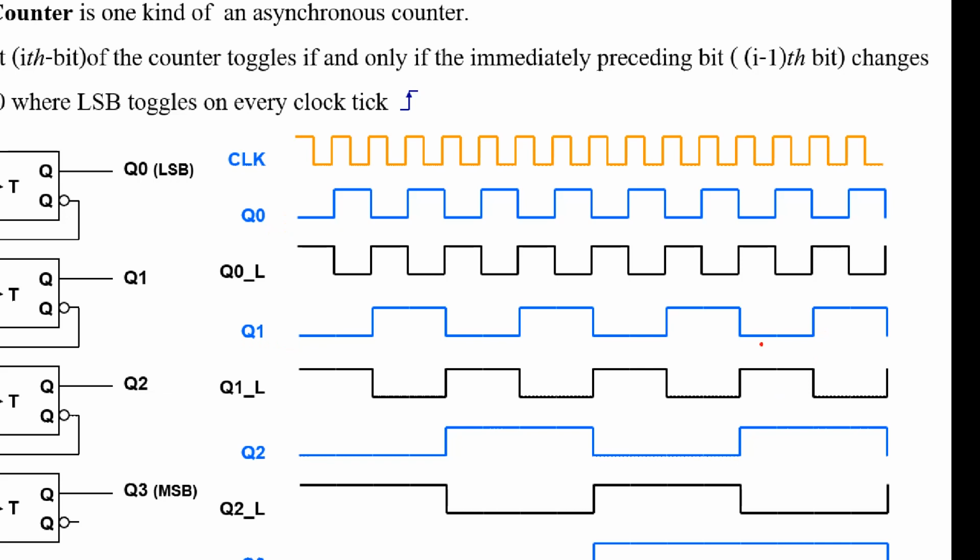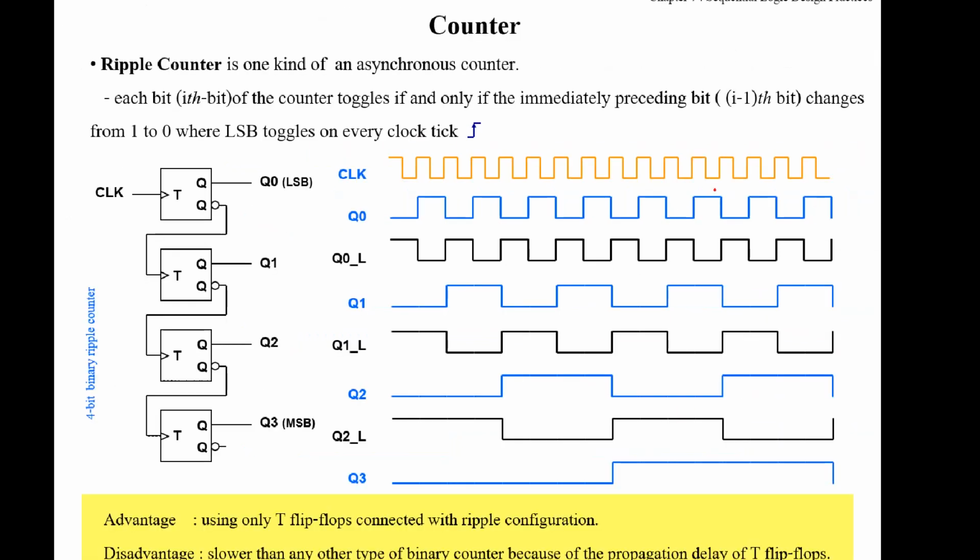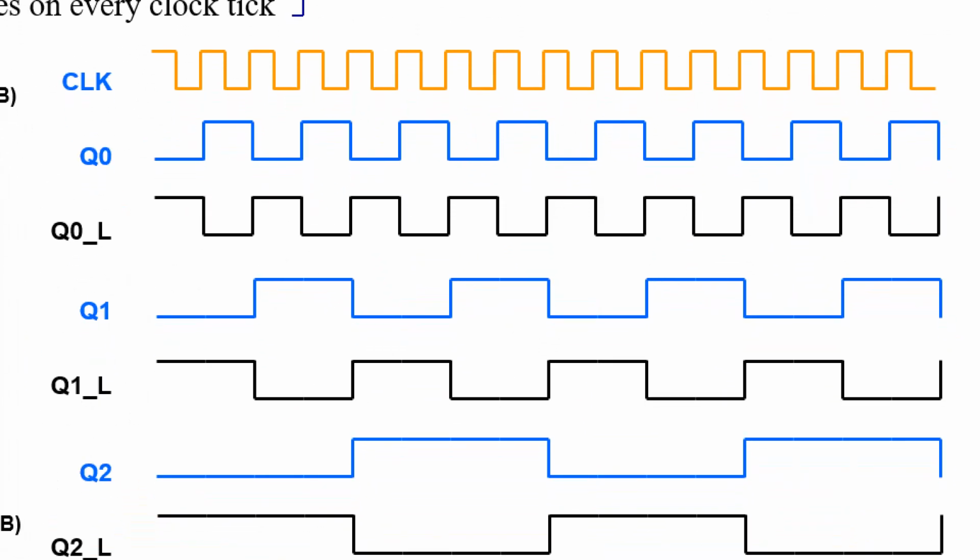That means the frequency of Q1 is 2 times of Q0, sorry, it's half, not 2 times. The period is 2 times, but the frequency is half. The frequency of Q2 is half of the frequency of Q1.